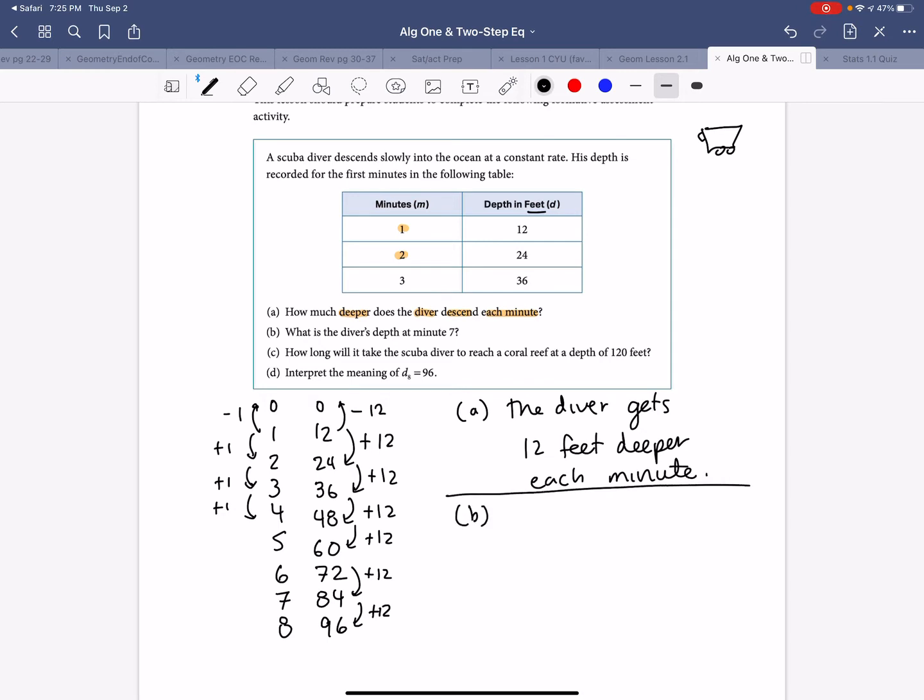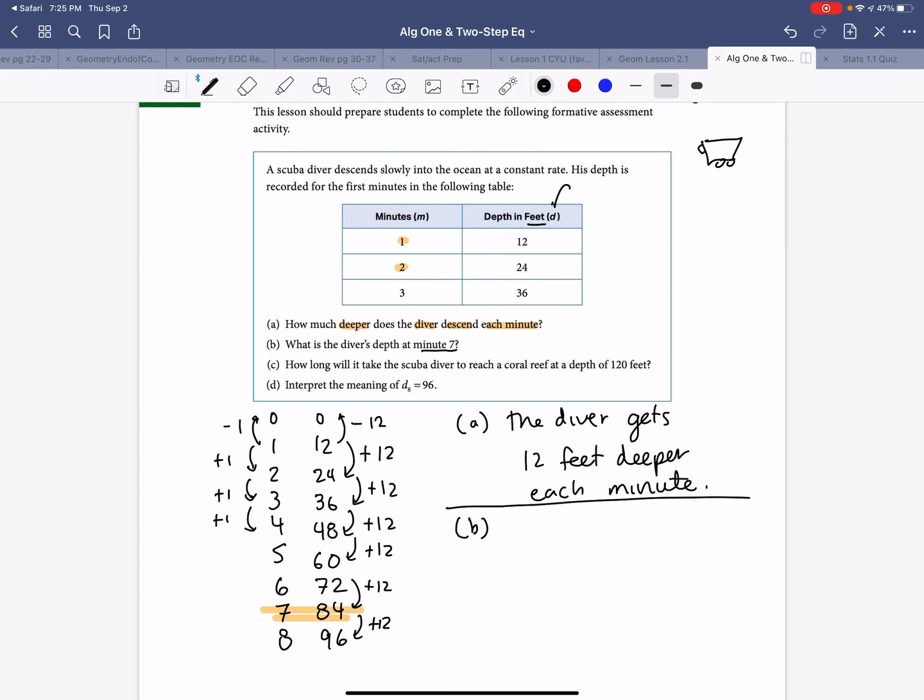So B says, what is the diver's depth at minute 7? Okay, so just type in some stuff in the calculator. We came up with our answer in the 7th minute. If D is for depth, the depth in the 7th minute is 84 feet. How did we get that answer? We simply continued to add 12 in the sequence.